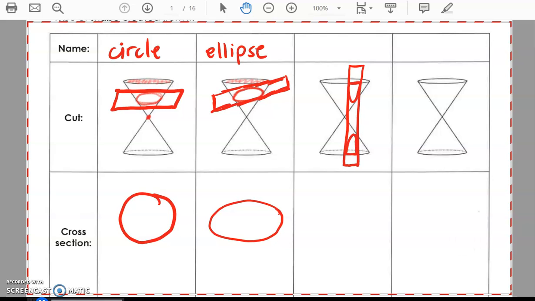If you were to look at that cross section, it would look like 2 outward facing parabolas. And this is what we call a hyperbola.